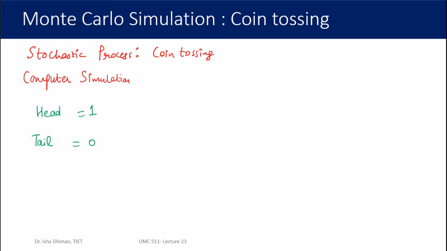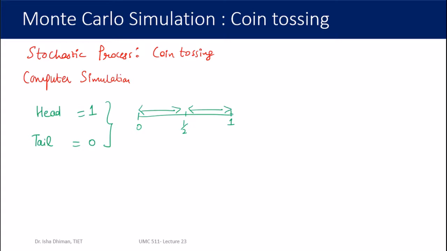Or this is also not required, you can just talk in terms of probabilities. Suppose this is an interval 0 to 1, then we know that the probability of a head coming up is half and the probability of a tail coming up is half. So your interval is divided into exactly two halves.